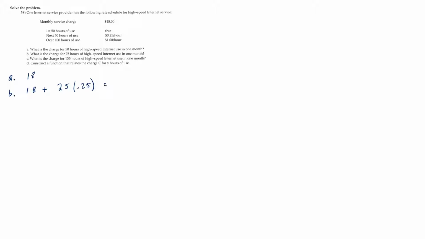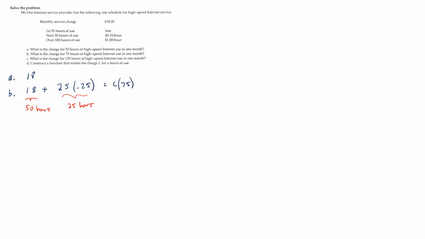So this would be C(75). This is the cost for using 75 hours of internet use. Again, 18 right here takes care of the first 50 hours, and then this right here is the extra 25 hours that I'm using the internet for that I have to pay a quarter on.